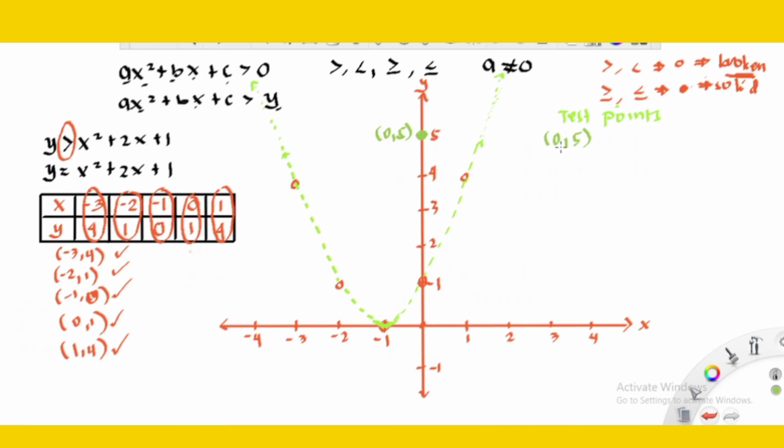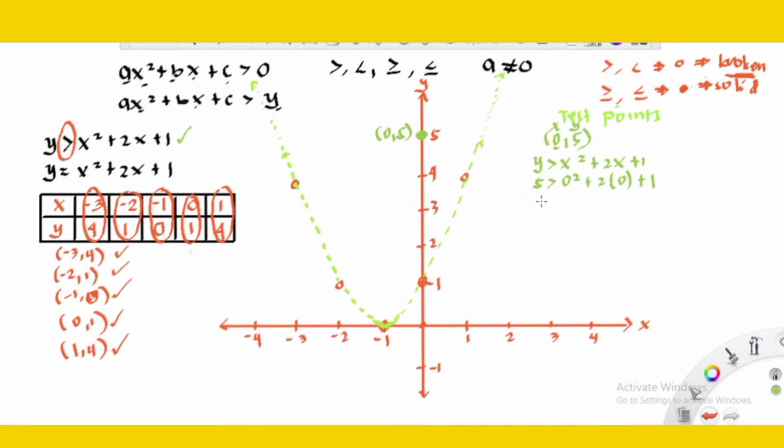So, i-test natin siya sa ating given inequality. Ito yon, kopyahin. We have y is greater than x squared plus 2x plus 1. Dito sa ating point, we know that the first number is the x value and the second number is the y value. So, 0 ang value ng x natin, 5 ang value ng y natin. We will substitute that here. So, this will become 5 is greater than 0 squared plus 2 times 0 plus 1.